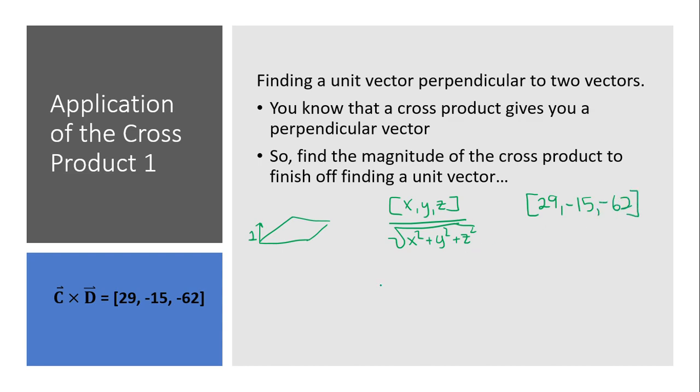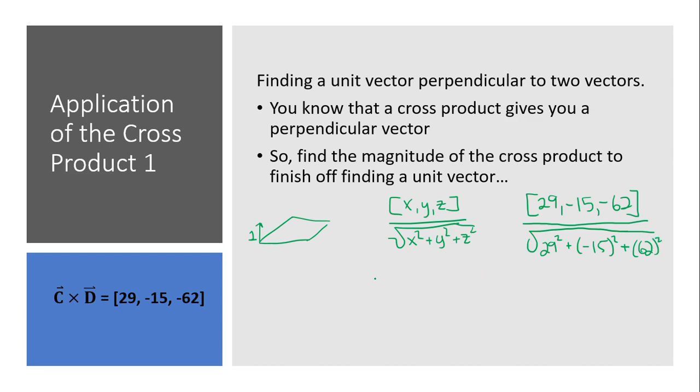I think for you guys, that'll just give you something that you can scale to any size if you have the unit vector. And we're going to put that over truly foul root, which will be the root of 29 squared plus negative 15 squared plus, I forgot the negative, doesn't matter.